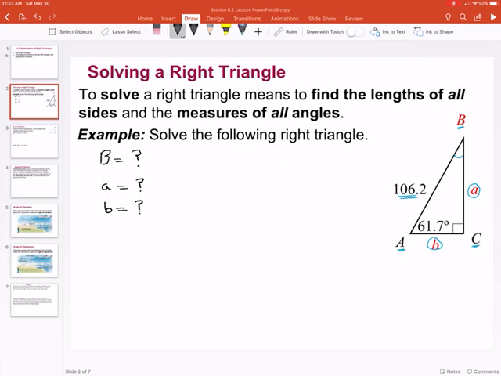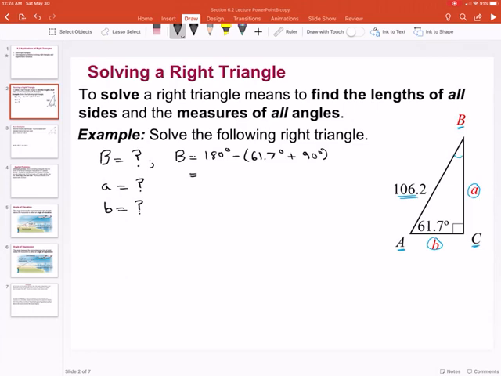Now let's start with angle B. We've got 2 of the 3 angles given, so let's find the 3rd angle. To do that, we can use a little bit of geometry. We know in a triangle, all 3 angles always sum to 180 degrees. So angle B is going to be 180 minus the sum of angles A and C, which is 61.7 degrees plus 90 degrees.